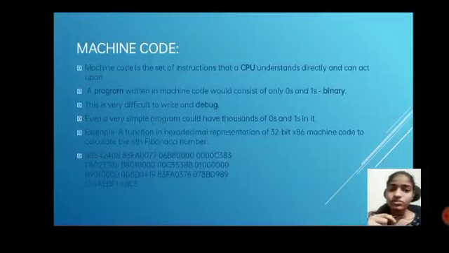Here it only contains numbers which a human can't understand.